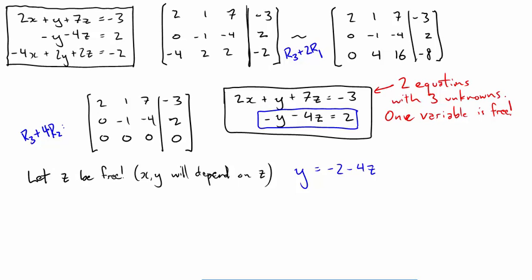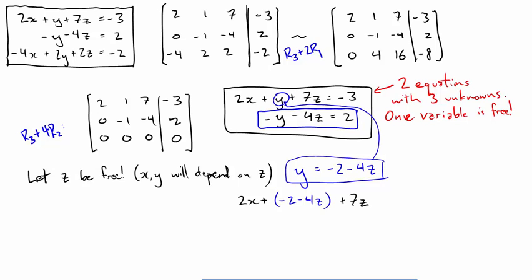Well, what about x? Let's take what we know y has to be and plug it in to here. And remember that z here is free. It can be anything it wants. So when you do that, you'll get 2x plus, and you replace y with minus 2 minus 4z, then plus 7z is minus 3. When you solve this for x, you get x is equal to minus a half minus 3 halves z.